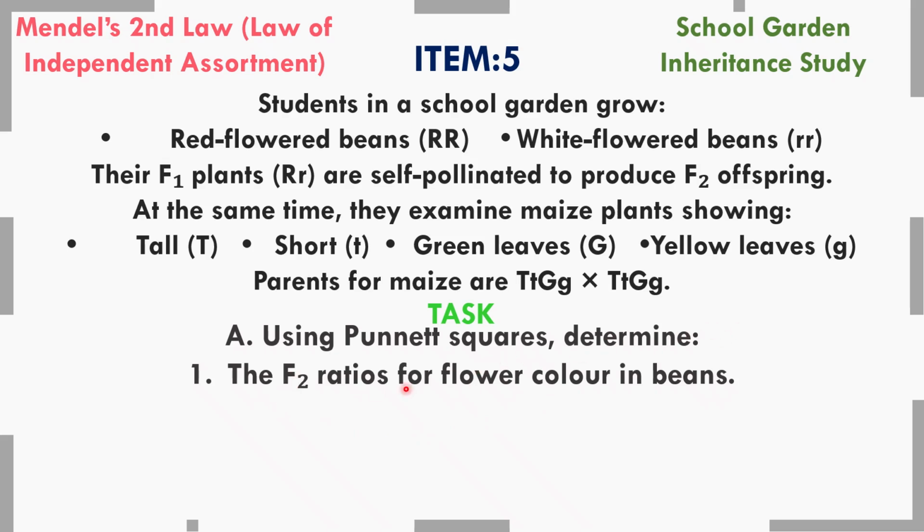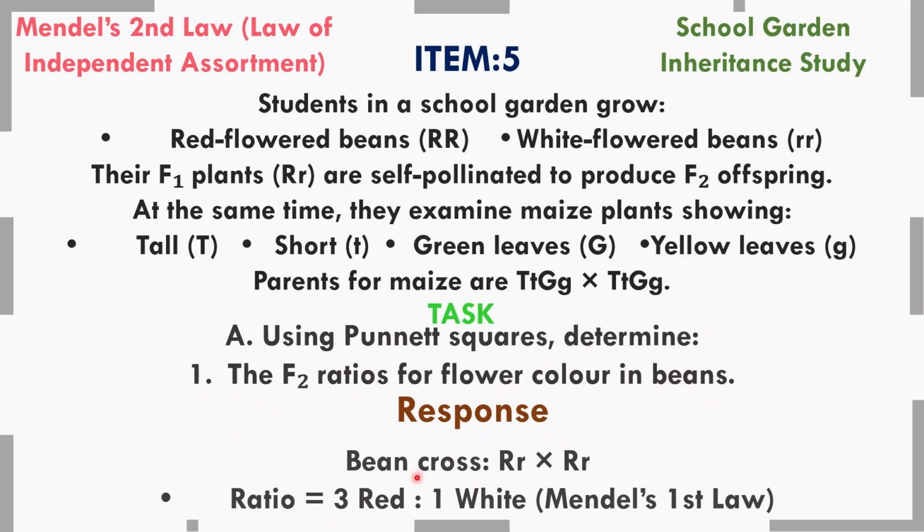Using a Punnett square, determine the F2 ratio for flower color in beans. Bean cross, capital R small r crossed with capital R small r. The ratio is 3 red to 1 white. This is Mendel's first law.